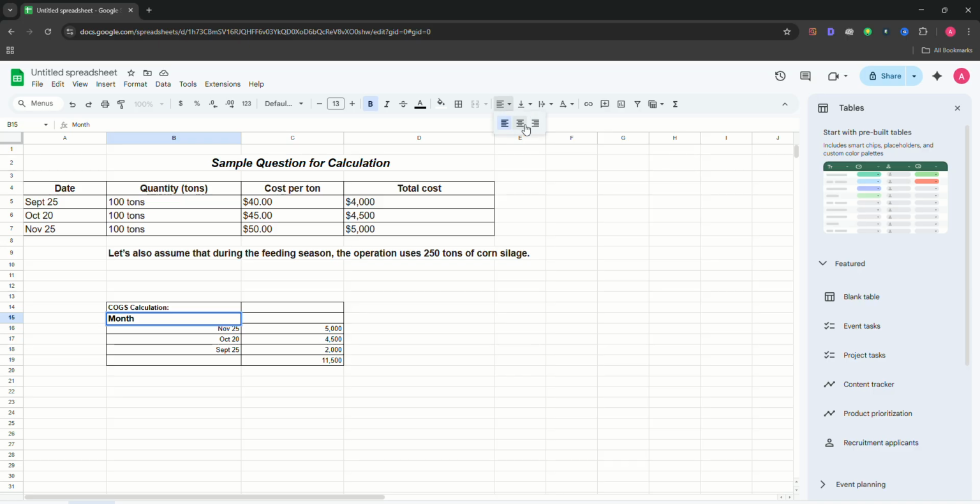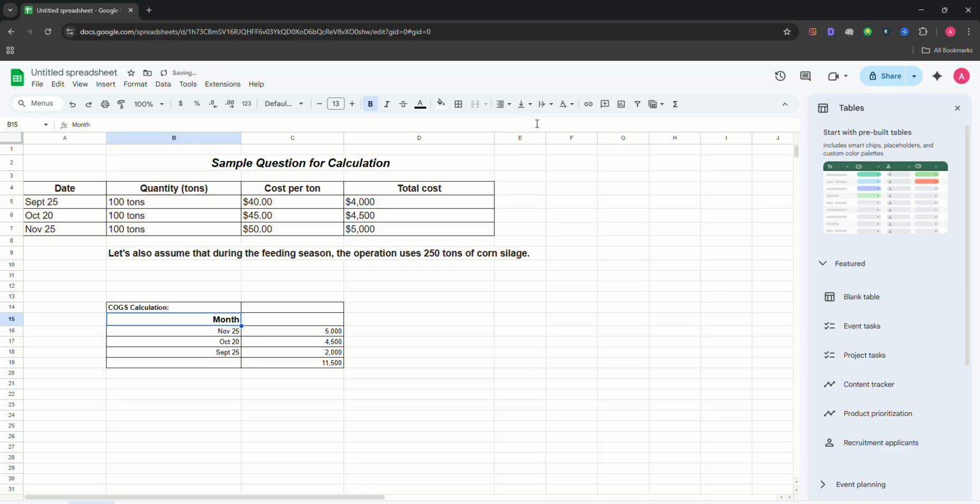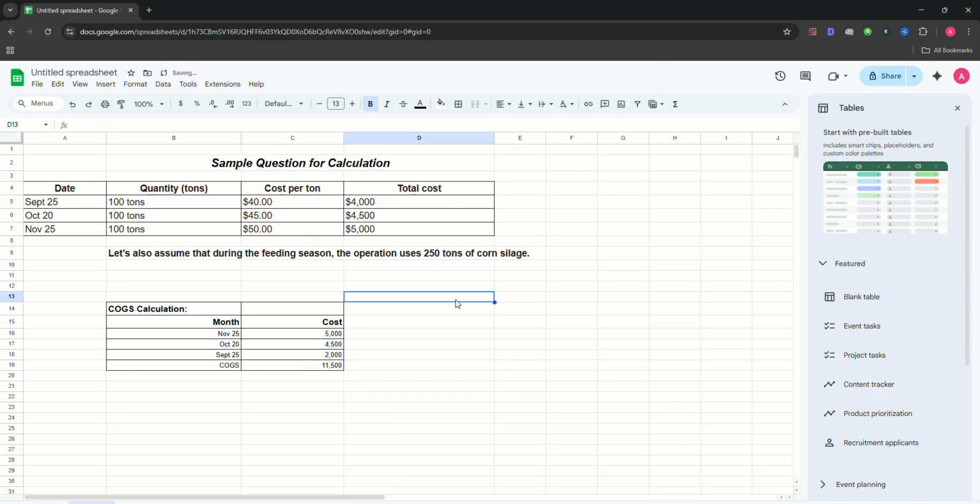Month, amount, COGS. So you can see that 250 tons are used, already used.